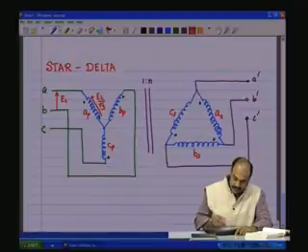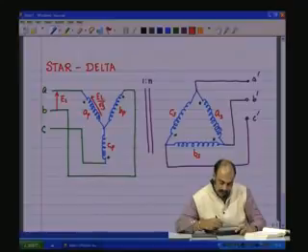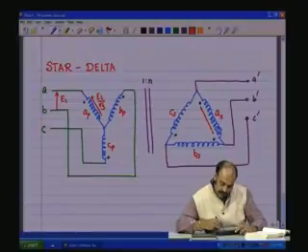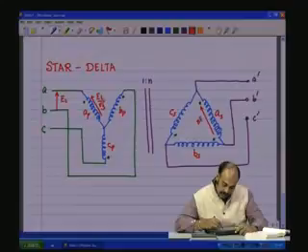Now, there is a turns ratio which comes into the picture between the phase voltage of the A phase coil of the primary and the secondary, and that is n times EL by root 3.